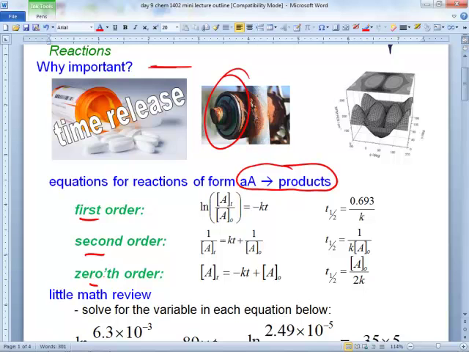Maria, let's take a look at this first order equation. Do you recognize something in there? The k. What's that k? The rate constant, yeah. Okay. How about another one, Jasmine? You recognize any variables in there? The one I circled there.